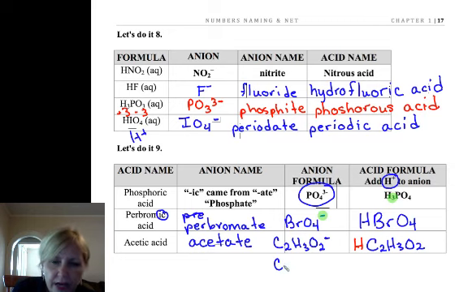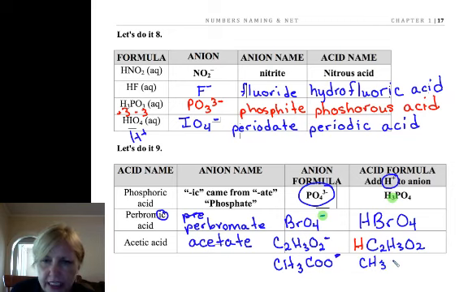Now, another way of writing it makes it clear what the structure is. I think you'll see this when we do our organic naming and structure activity, which is part of this unit. And so we would have CH3COOH. So those are the 2 common ways that you'll see acetic acid written.